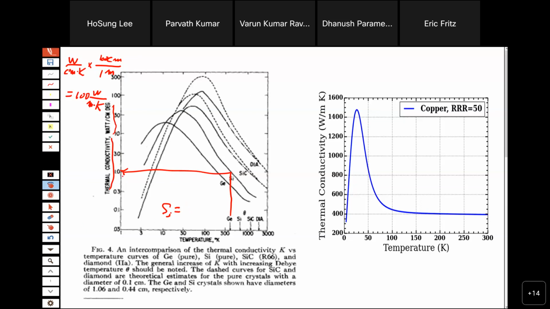It's a 1.0. This is 100 watt per meter K. So silicon has 100 watt per meter K thermal conductivity.